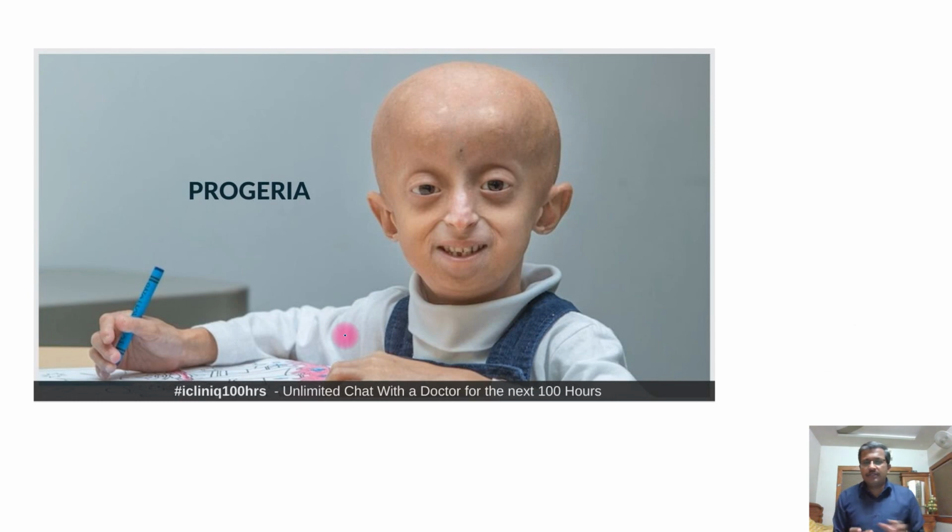I just want to wind up this session by mentioning the condition progeria. Progeria is early aging. Within the teenage years itself, the person will look like an old person. That situation is called progeria.